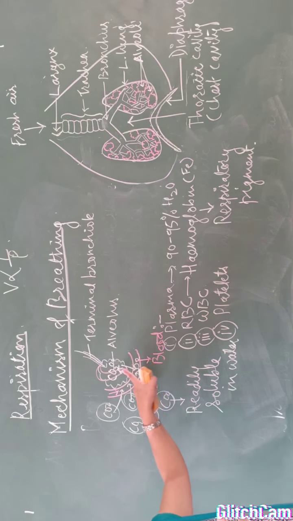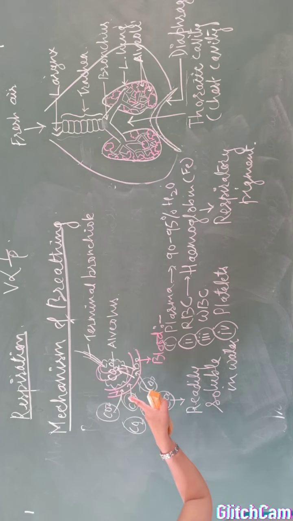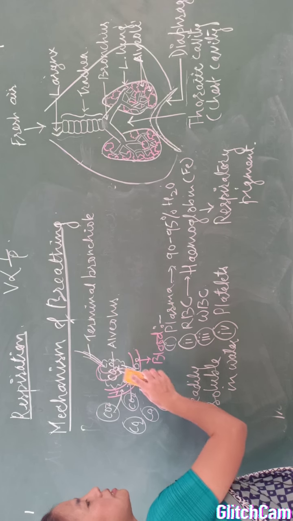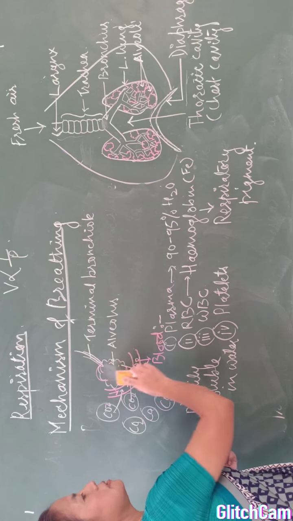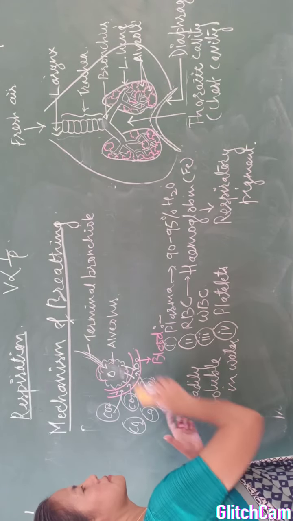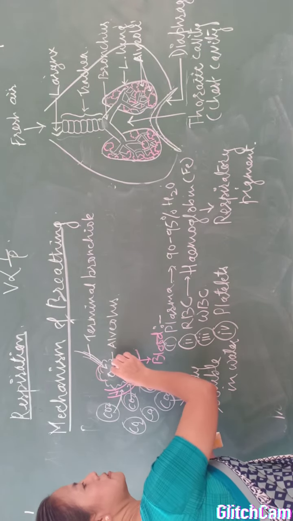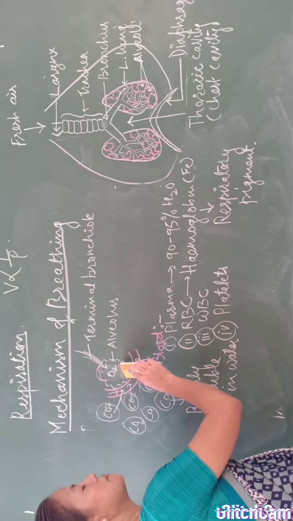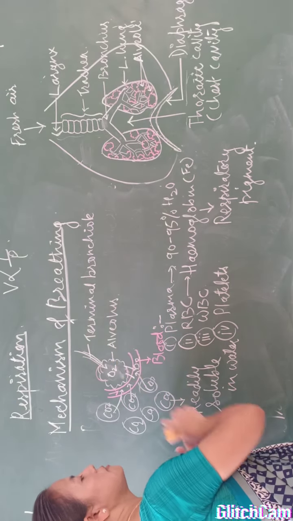So, here the exchange of gas occurs. Oxygen is coming in through inhalation. Through exhalation, carbon dioxide is being given out to the alveoli.